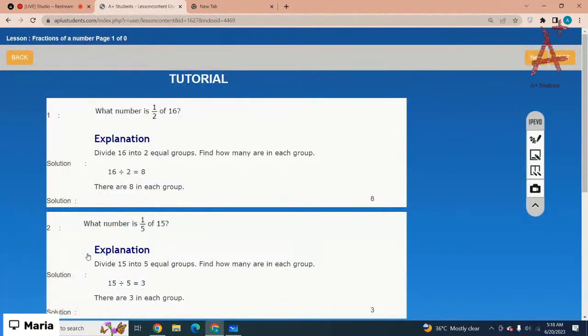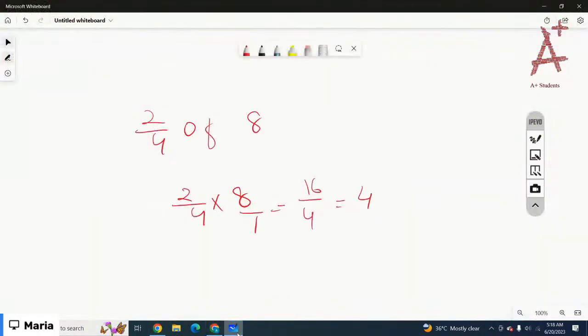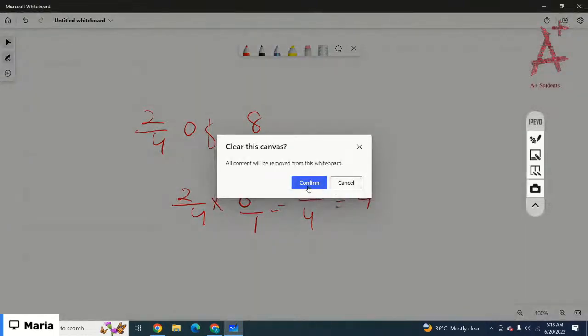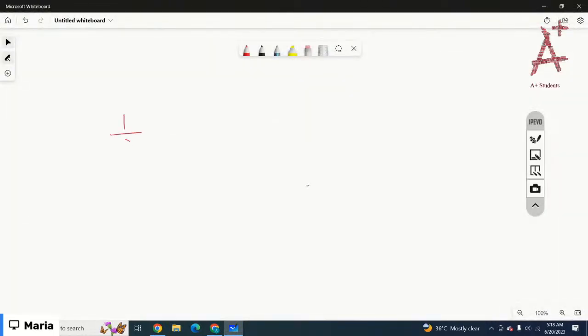What is half of 16? So how do we calculate half of 16? You need to do 1/2 times 16. You have to do 16 times 1 is 16, and 2 times 1 is 2.